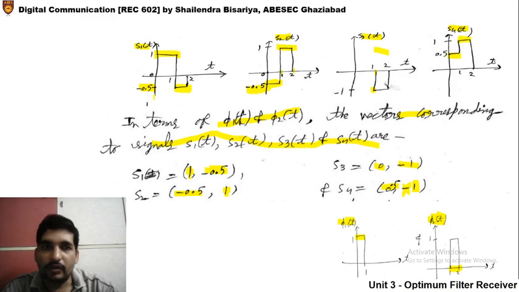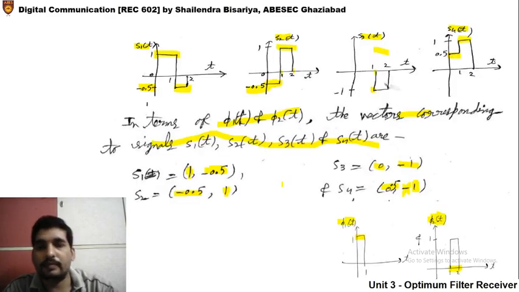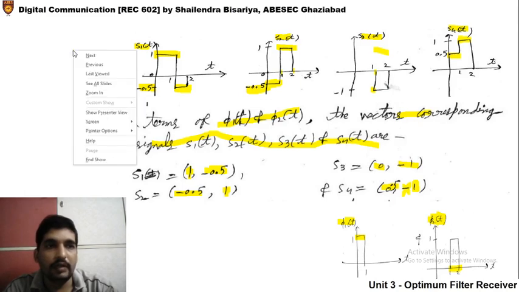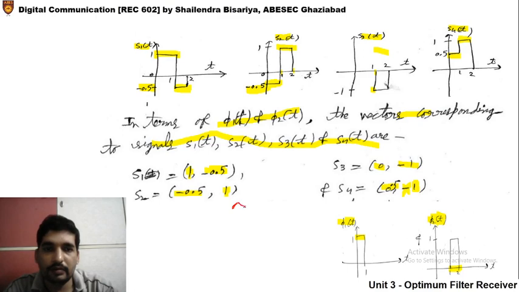Now can you draw these signals in vector space, and can you check the orthogonality condition? That is simple and straightforward. Let us do that. In vector space, let us say this is phi 1 and this is phi 2.